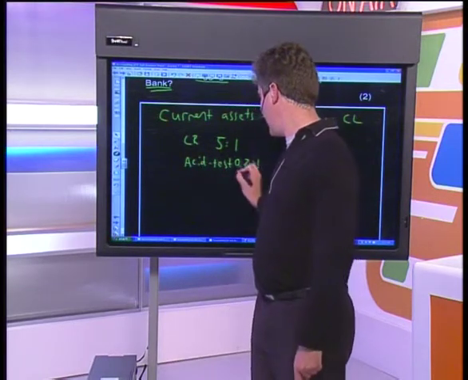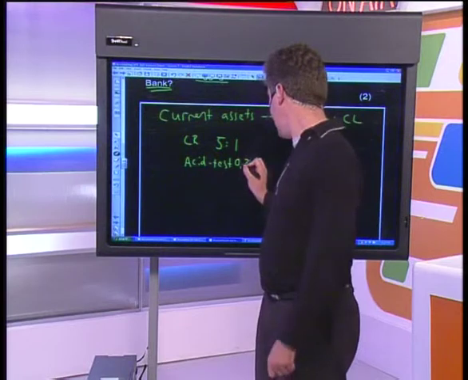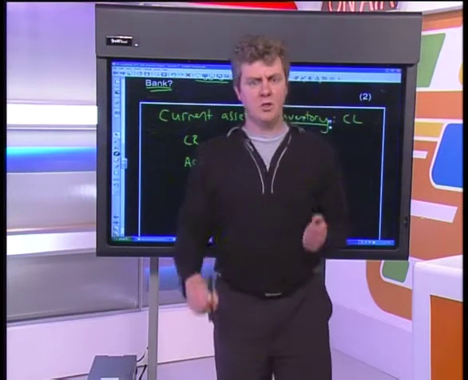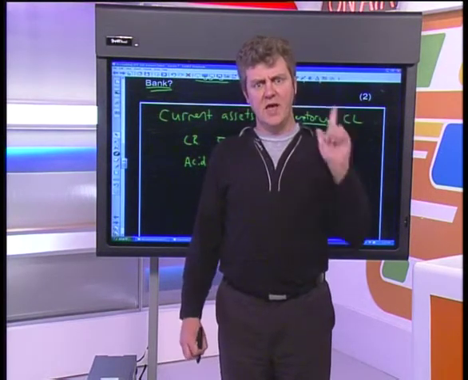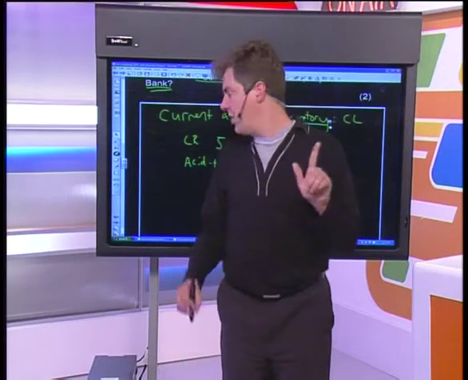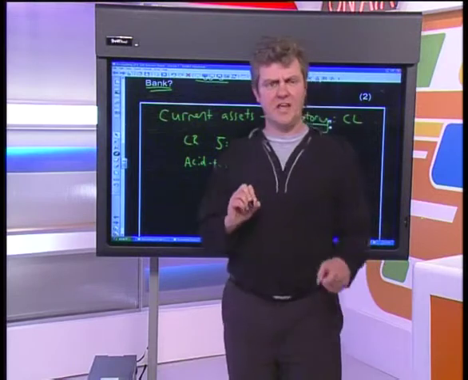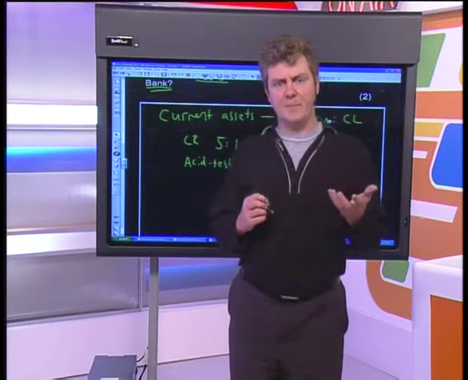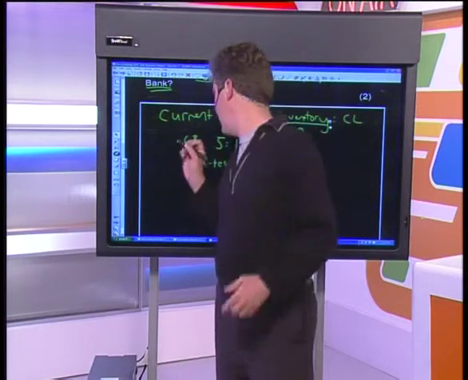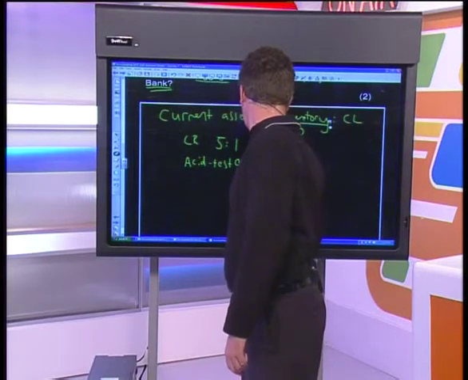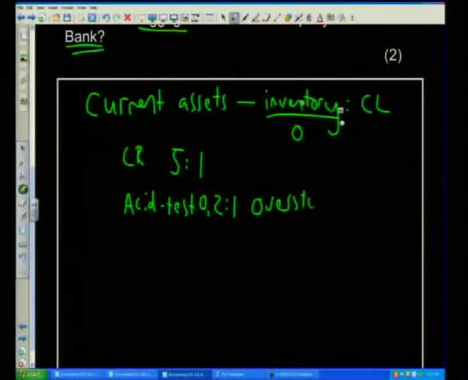However, when we're looking at the asset test ratio, we've got only 0,2:1, which means that the cash and cash equivalents and the trade and other receivables of the business are only enough to pay 20 cents for every 1 rand that that business owes. So when that happens, make sure that your answer includes that and says that this business is overstocked because it's carrying too much inventory.